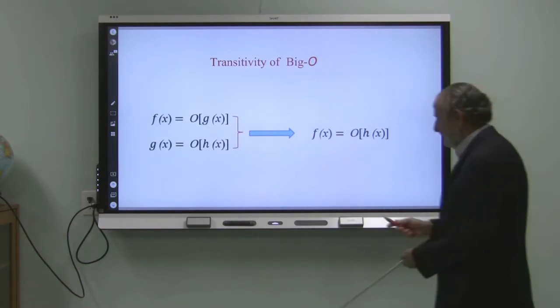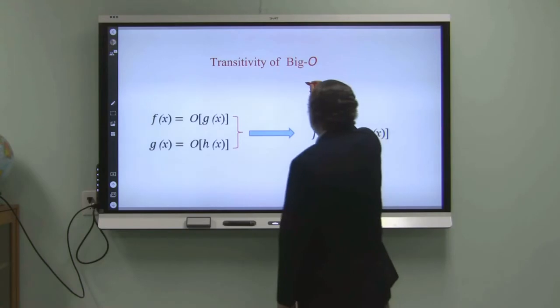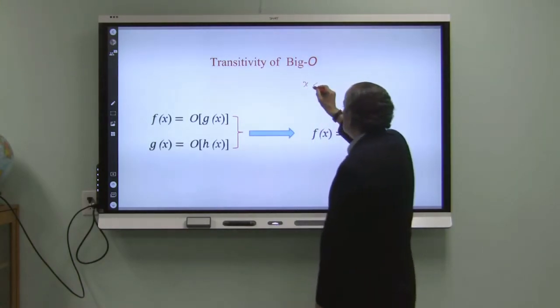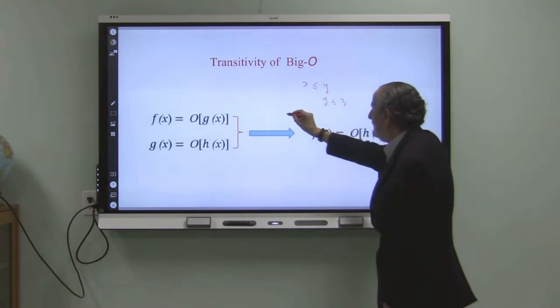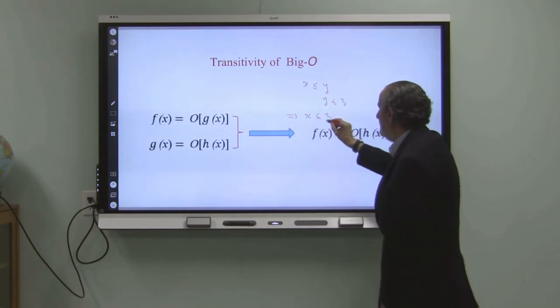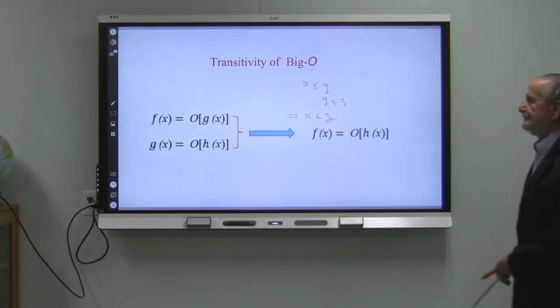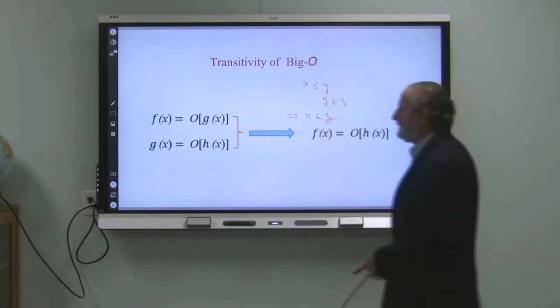This is very similar to if x is less or equal than y and y is less or equal than z, then x is less or equal than z. Okay, transitivity of big O.